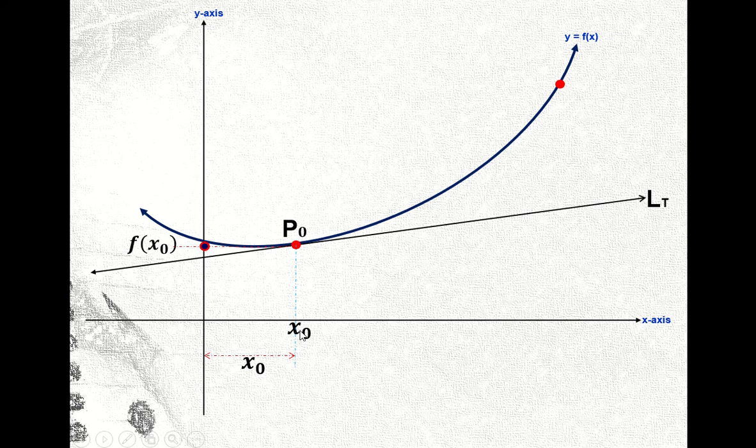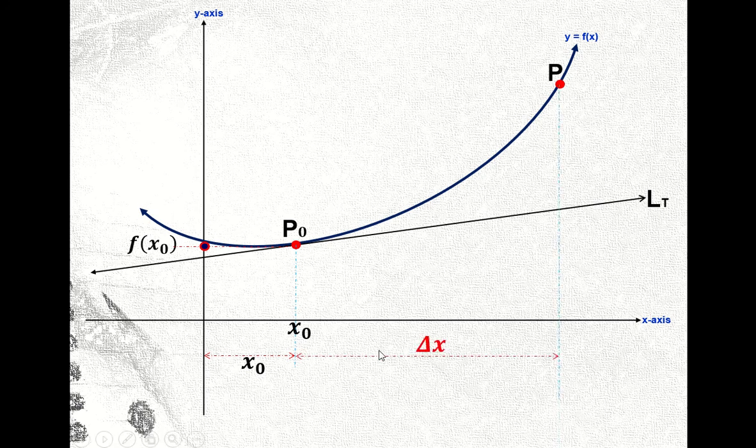Okay, and let another point P be located here, or shall we say let this point move to this point. We call it P. So P has the coordinates x and y, but we use x as x sub 0 plus whatever is the horizontal distance between P sub 0 and P. We call that delta x.